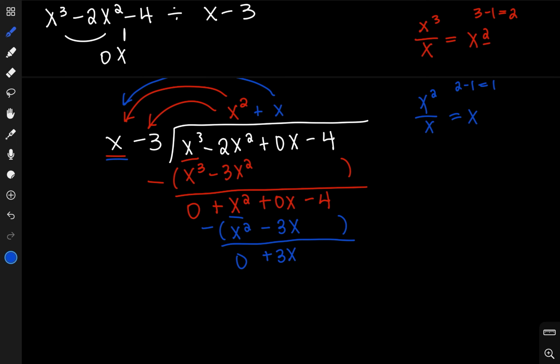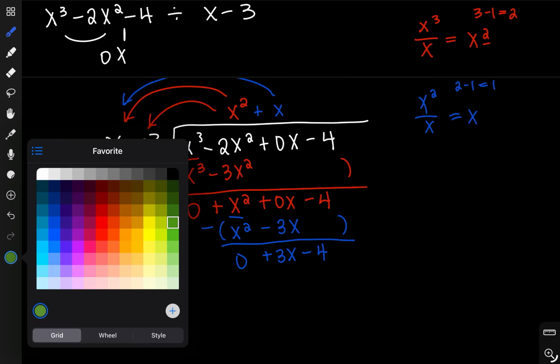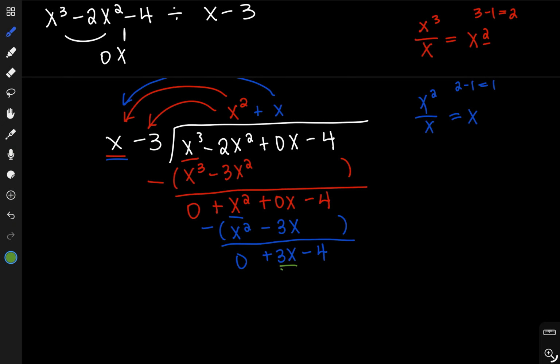And negative 4 minus 0 is just negative 4. And we can still divide 3x by x, so we're going to do it again. 3x divided by x is 1 minus 1, which is equal to 0, so they cancel out. It'll be 3, so it's plus 3.